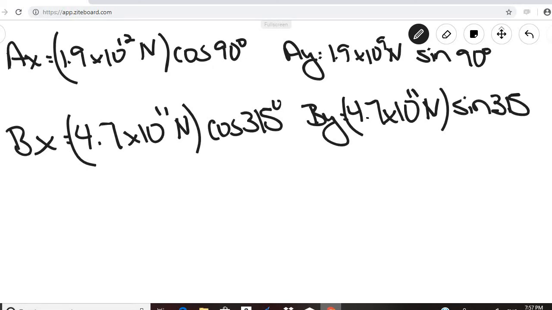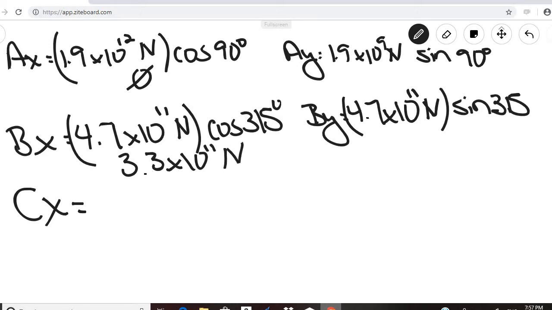Then we will add the x components and add the y components. So C to the x is going to be equal to adding these two together. This comes out to 0, and this comes out to 3.3 times 10 to the 11th newtons. So when we add those together, we're going to get 3.3 times 10 to the 11 newtons.